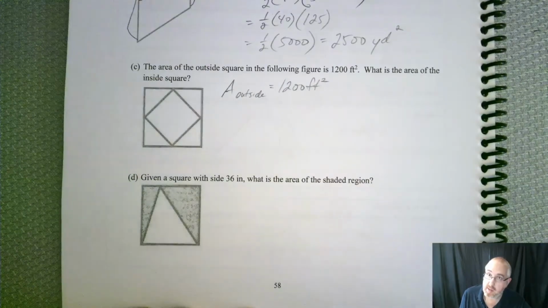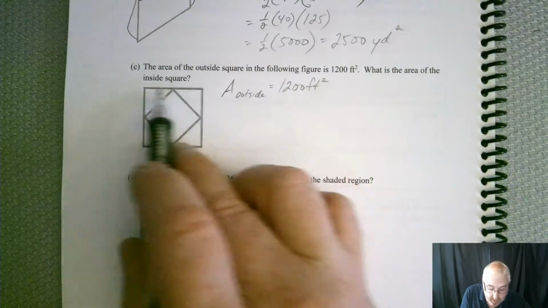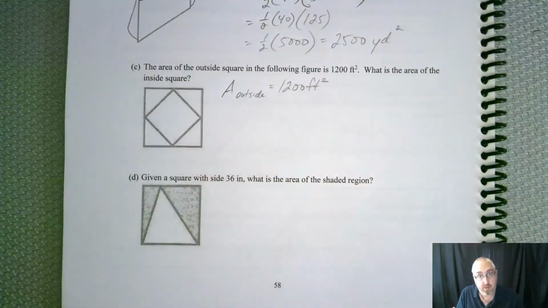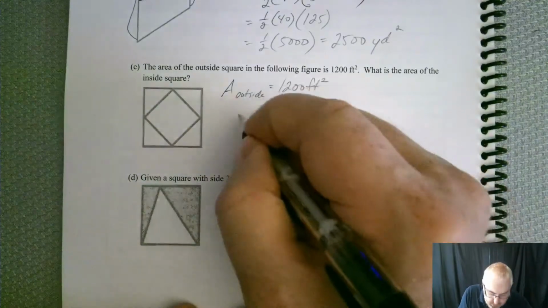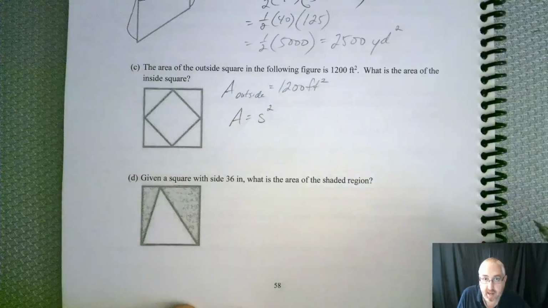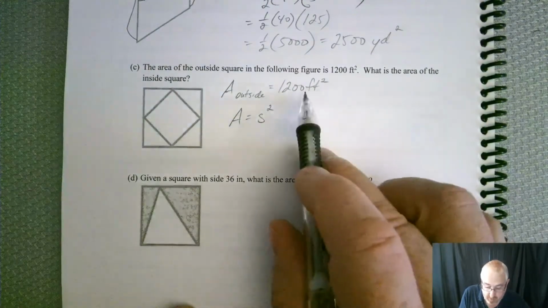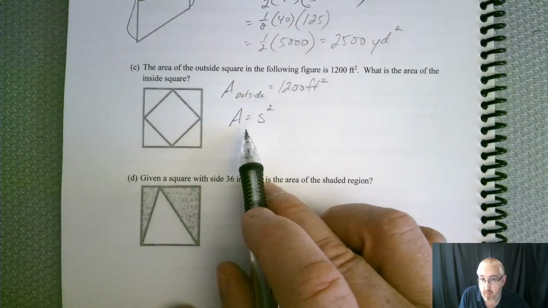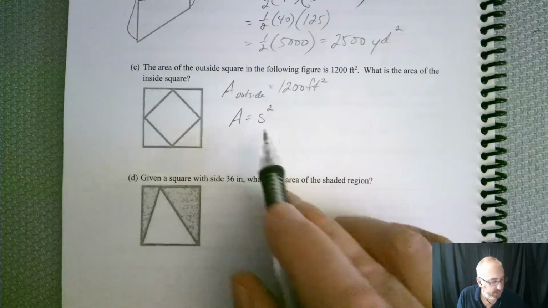Now, we could tackle this one of two ways. One way would be to say, okay, if I know the area of this whole thing, I could work backwards using the formula. We know the formula for a square is A equals S squared. So we know what the area is, so we could replace that. But that would mean we'd have to find the square root of 1200.